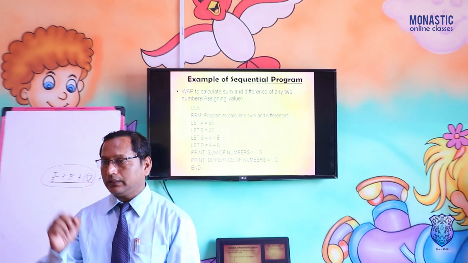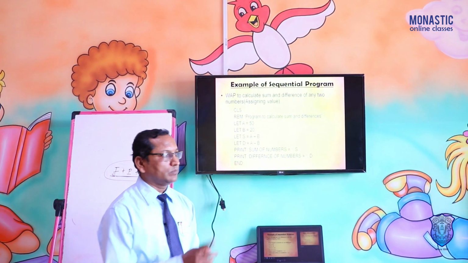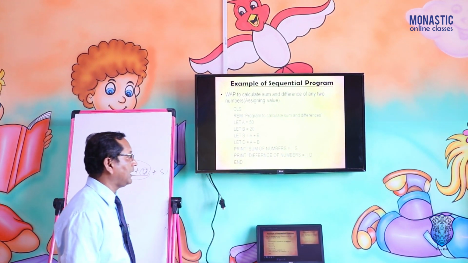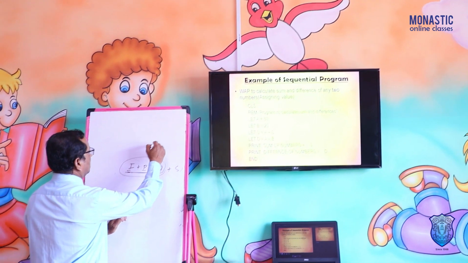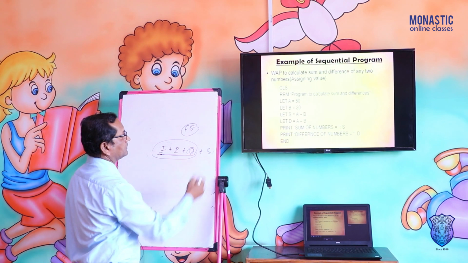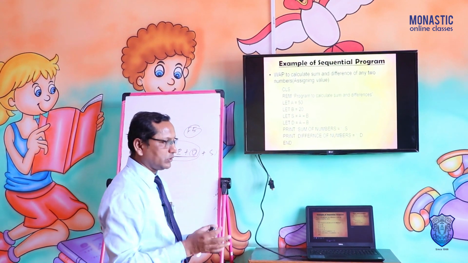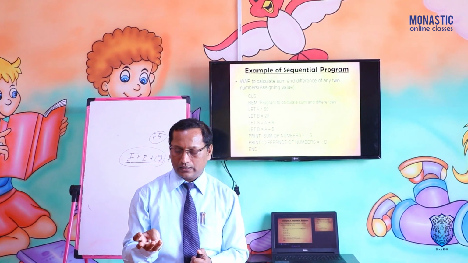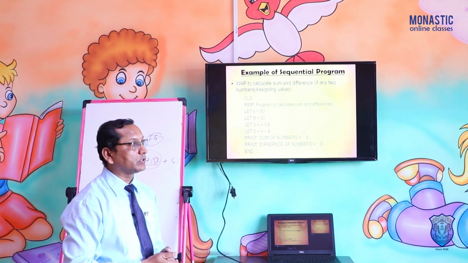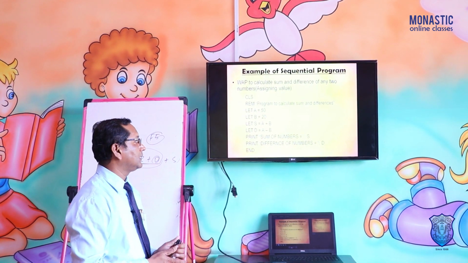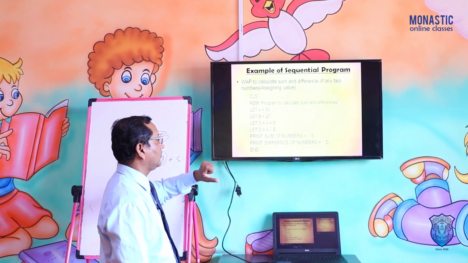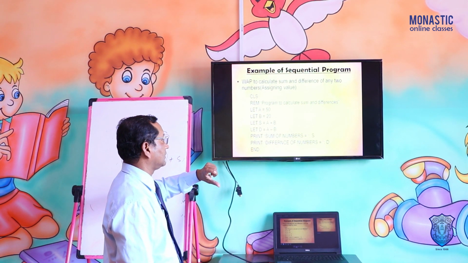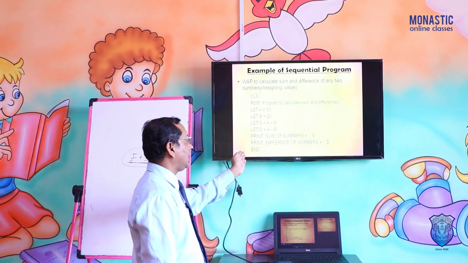So F5 means both compile and run. When you press F5 after writing the program, it will first compile and after that execute, and the result will display on the output window.